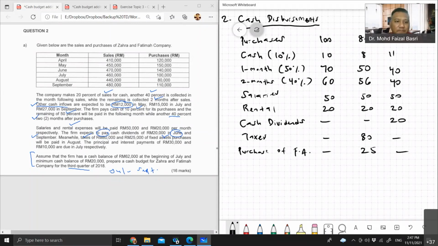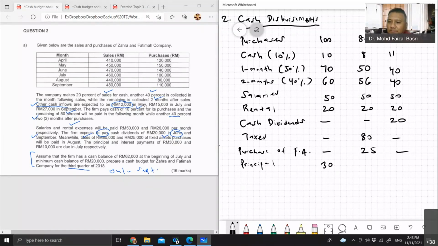And one more. The principal and interest payment of 30,000 and 10,000 are due in July, respectively. So there are two more payments they need to make. The principal of the loan. I just put principal because they said principal, but this is actually referring to the principal of the loan, 30,000, due in July.